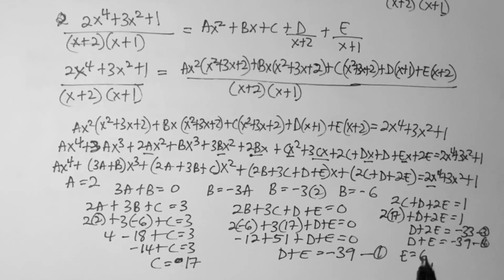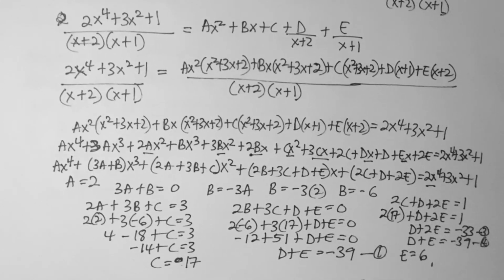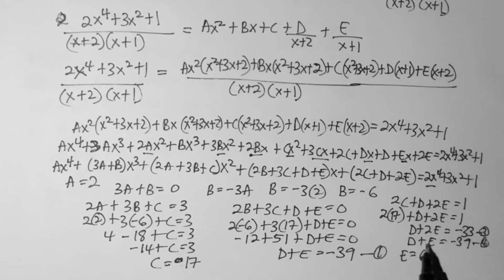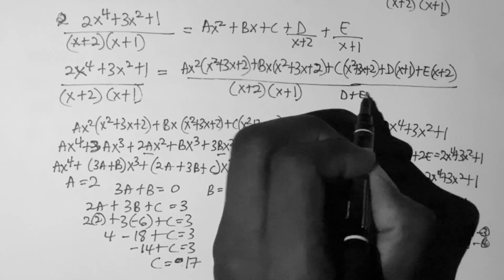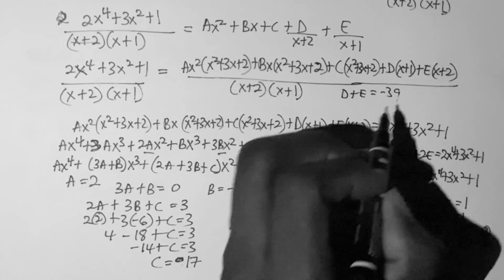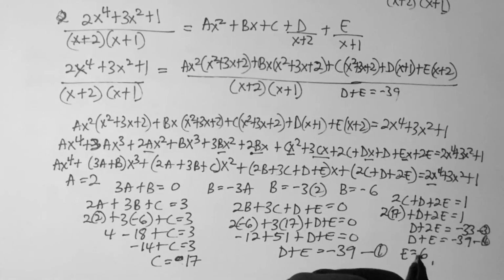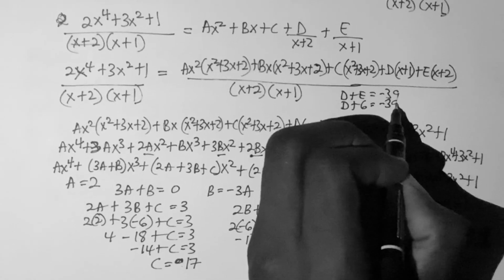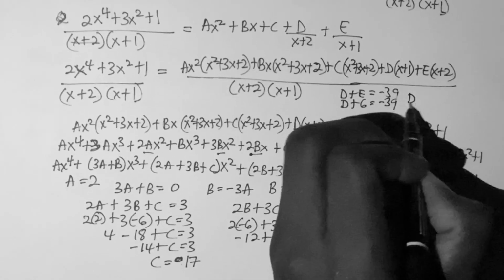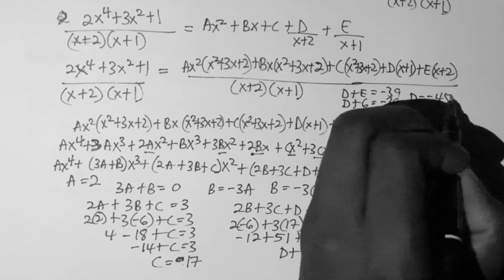So since e is equal to 6, we can find d, because we said that d plus e is minus 39. So d plus 6 is equal to minus 39. And therefore, d is equal to minus 45.